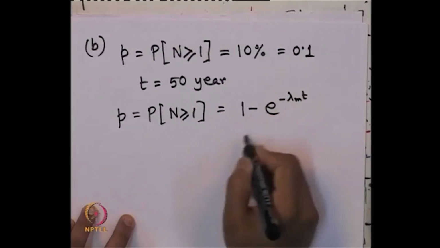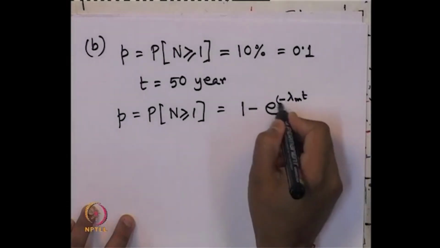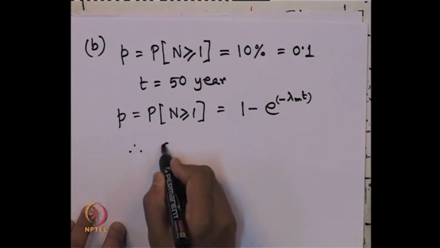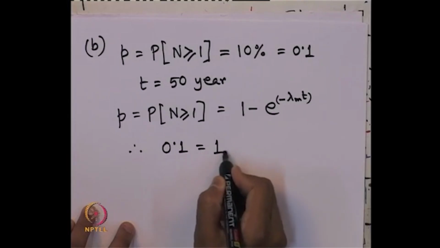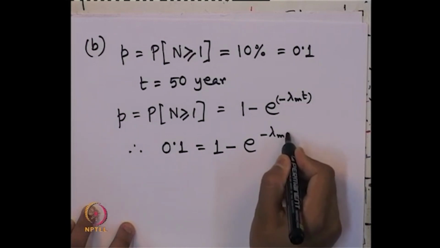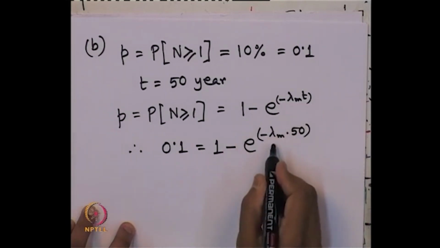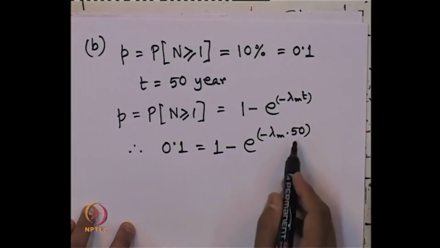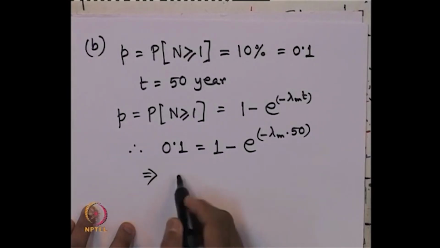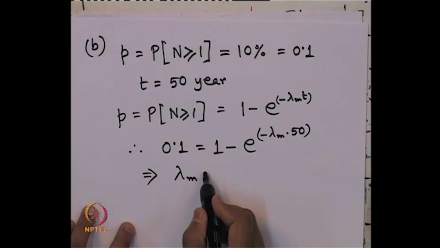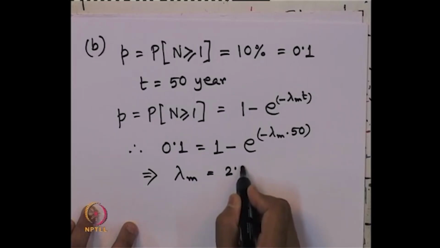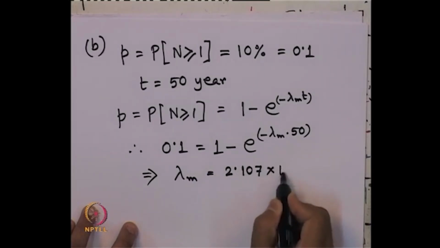So here, 0.1 equals 1 minus e to the power minus lambda m times 50. We need to find this lambda m, because T is 50 and probability is 10%. On simplification, the value of lambda m comes out to be 2.107 into 10 to the power minus 3.